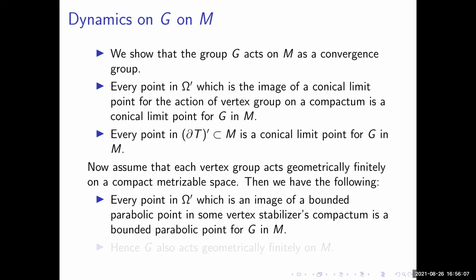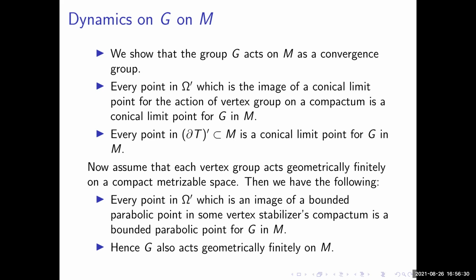So by this, G also acts geometrically finitely on this compact metric space M. We have shown, following this step, that G will also act geometrically finitely given the vertex groups are geometrically finite.